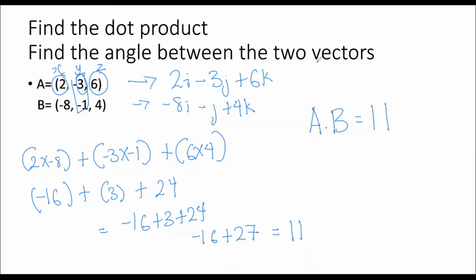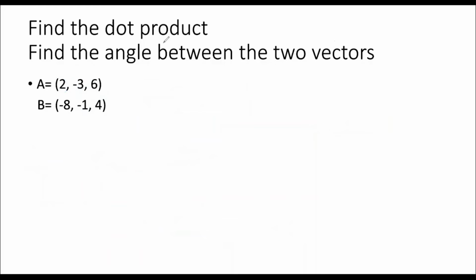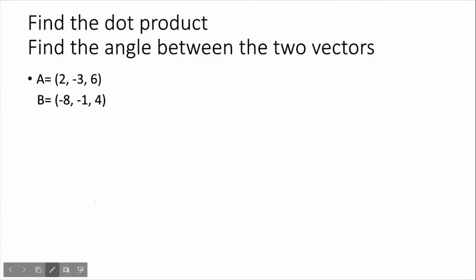All right. So now find the angle between the two vectors. Let me just make the 11 permanent with a red pen. Let me clear all this. So we know that a dot b is equal to 11. Let's find the angle between the two vectors.